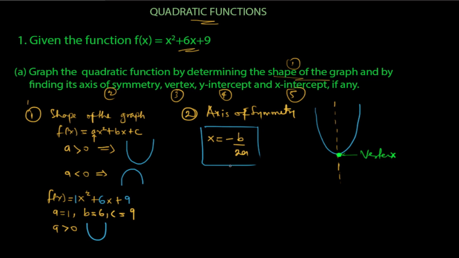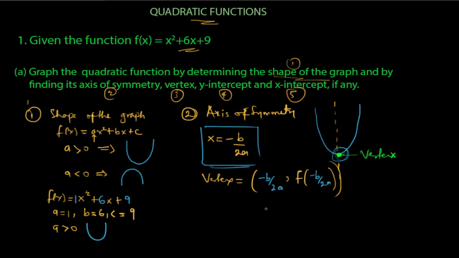So this is the equation of the axis of symmetry, x equals negative b over 2a, while the coordinates of the vertex is given by negative b all over 2a, comma f of negative b all over 2a.